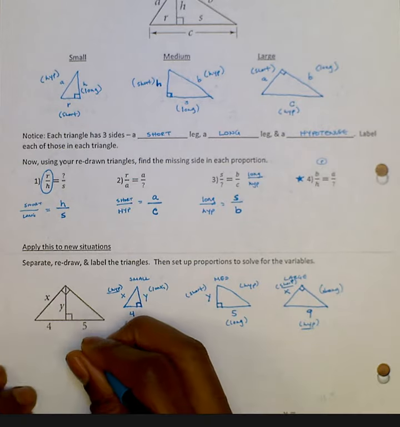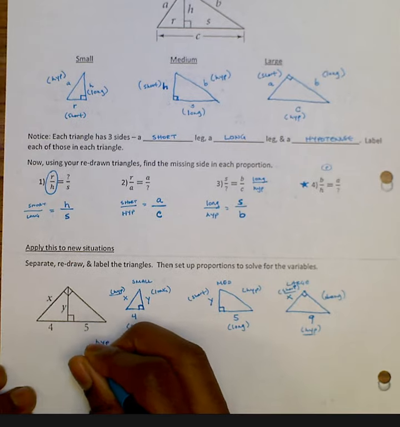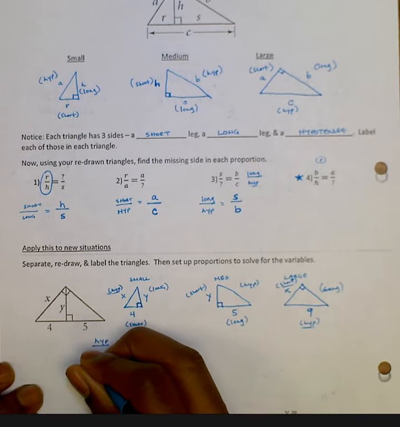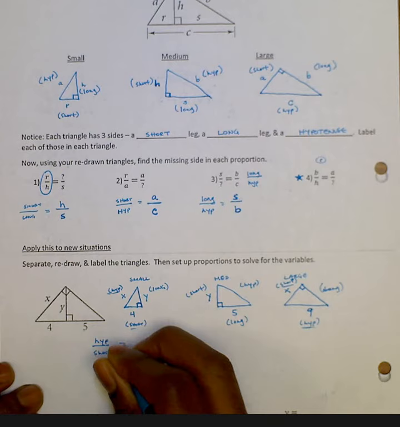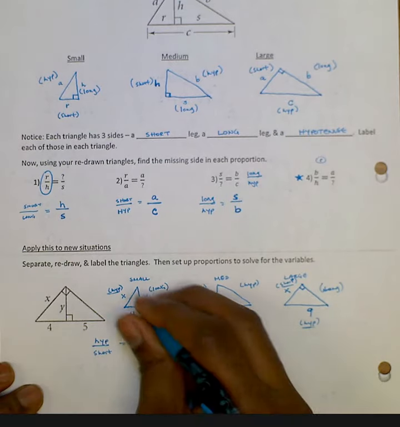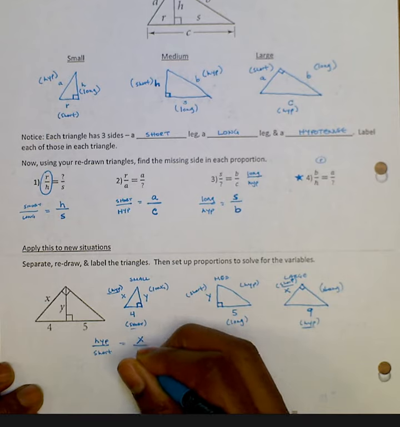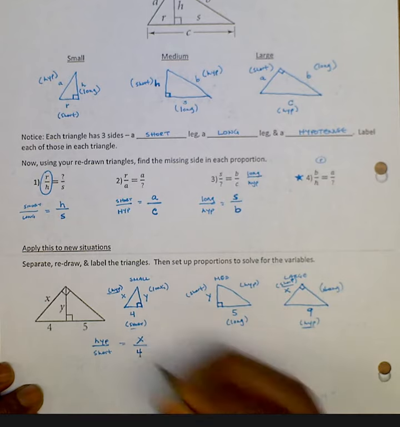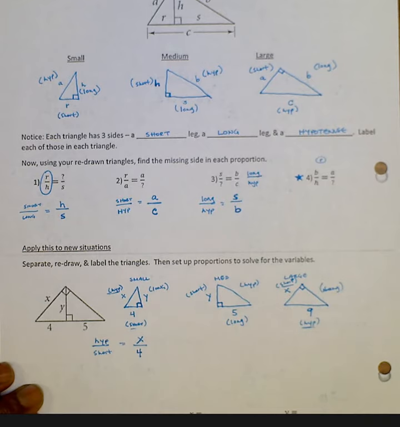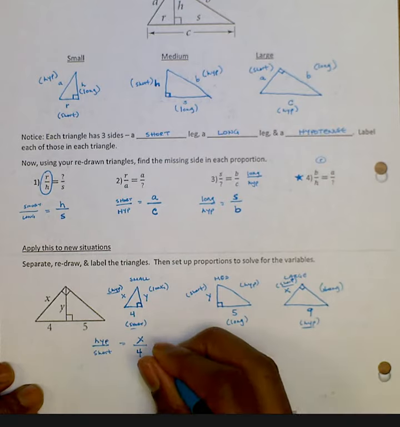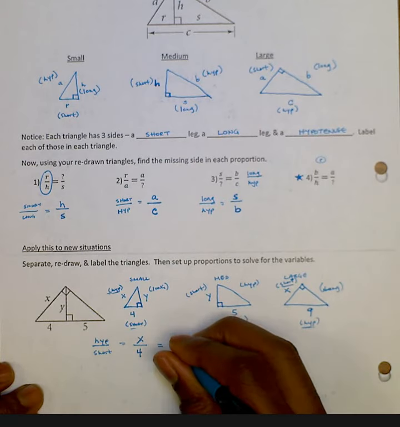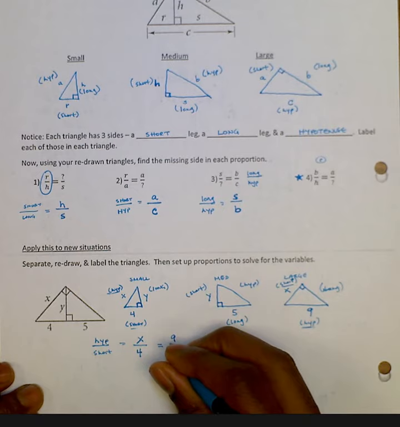So I'm going to put the hypotenuse over the short side. I'm going to use my small triangle hypotenuse x, short side 4, and in the other triangle I'm going to use my hypotenuse 9, short side x.